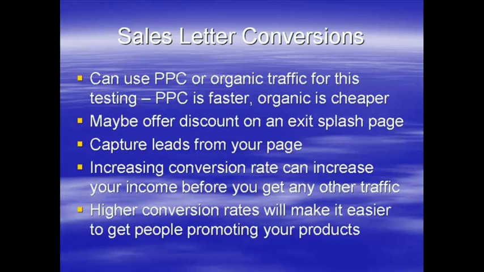So testing and tracking your conversion rate means that you can then go to the marketers and say to them, look, I've got this product, it's converting at this rate, and they're going to come to you and want to basically promote your product. So it's going to help you make even more money, because you're going to get these bigger name marketers and super affiliates and affiliates promoting your product.